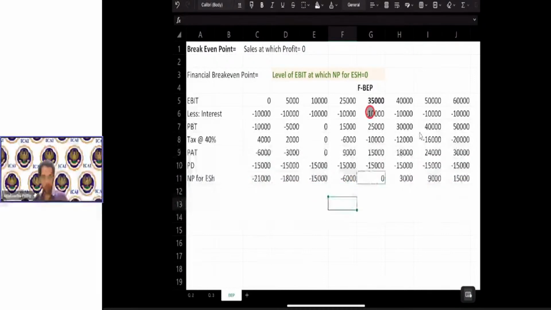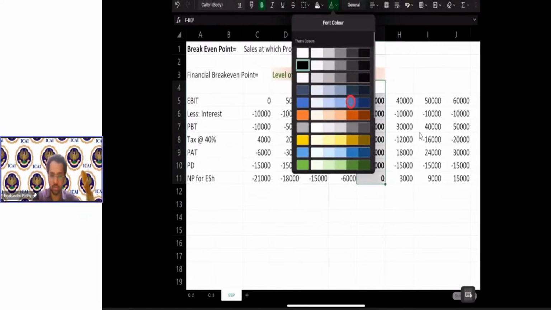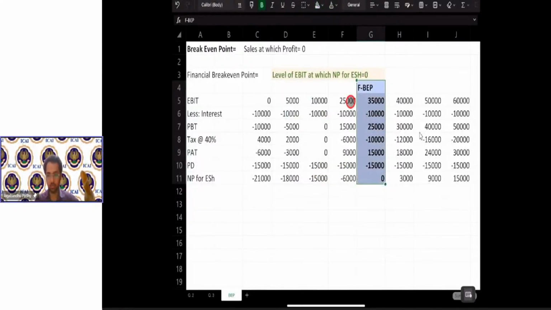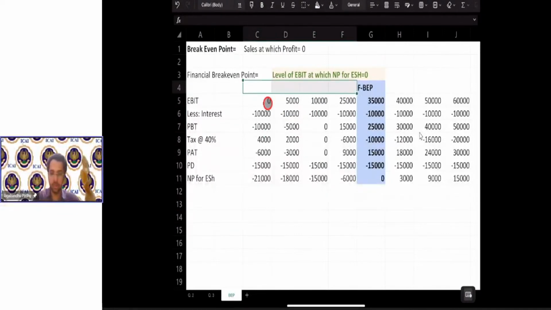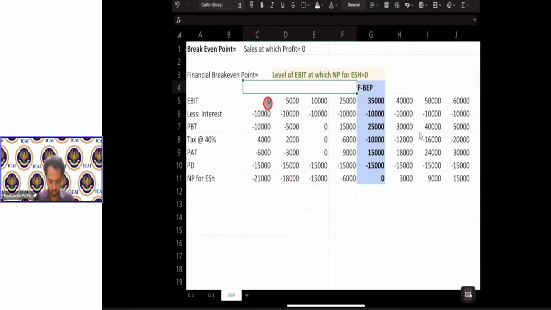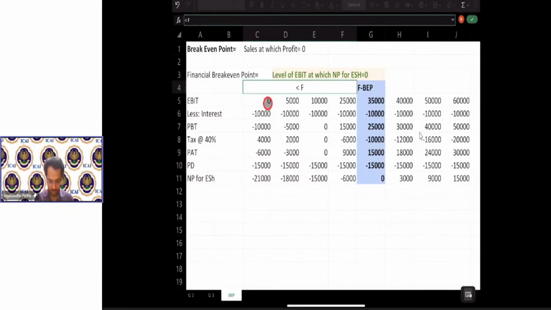So what we observe is when you are at this financial break-even point level, this is going to be 0, and all these EBITs are less than the financial break-even point.